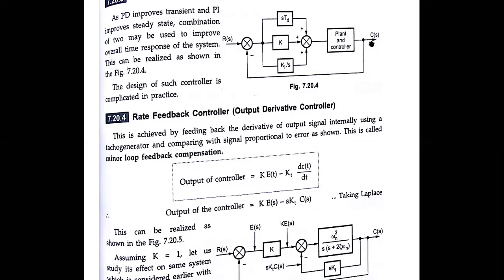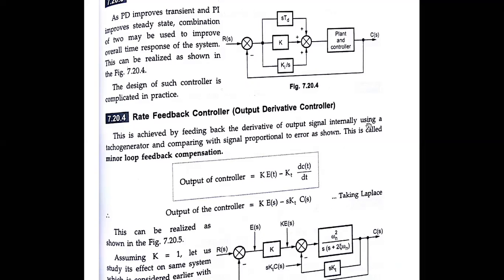Here you can see there is one plant, there is s multiplied by Td, this is Ki divided by L, and this is my constant K. If I want to improve the transient response with the derivative controller, then I will make use of some internal signal generation, some kind of derivative feedback mechanism, taking the output from the system and applying it to the input or the derivative input.